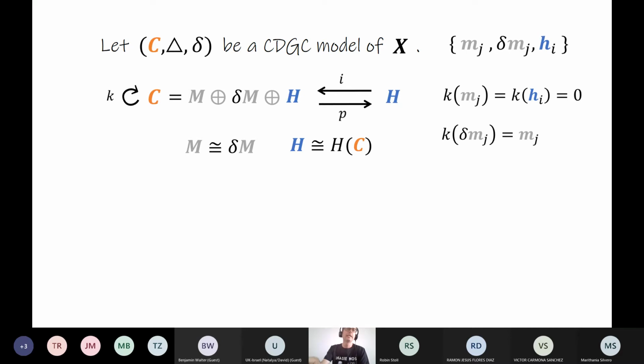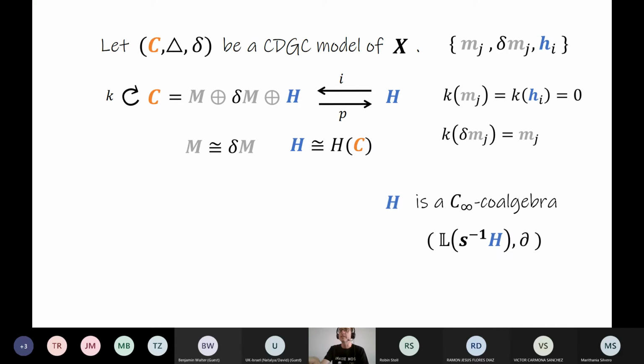Because if the coalgebra is co-commutative, then the infinity structure transferred is also C-infinity. Then we have here a C-infinity coalgebra, which is the same as a differential in the free Lie algebra generated by the suspension of H. And this is just the minimal Quillen model.